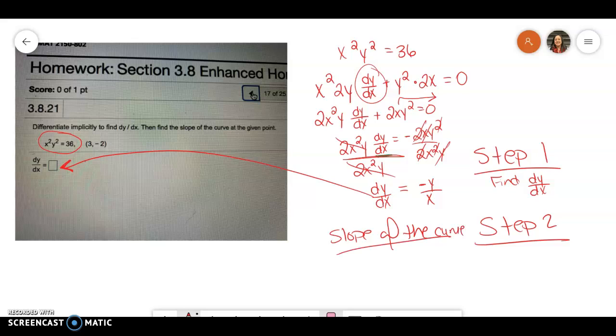And all that means to do is substitute. So that's going to be your dy over dx is equal to negative y. My y value was negative 2 over x, which is 3. The opposite of a negative 2 is a positive 2 and 3. So the slope of the curve at 3, negative 2 is 2/3.